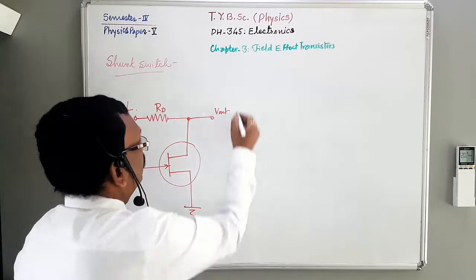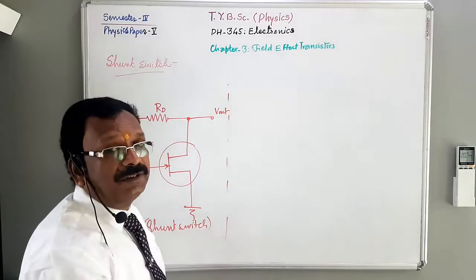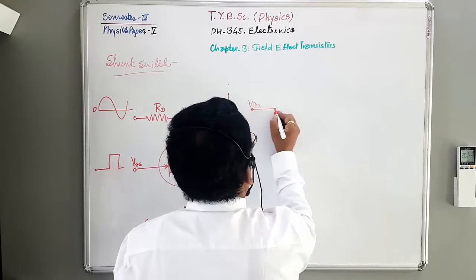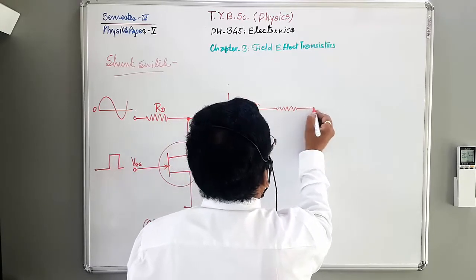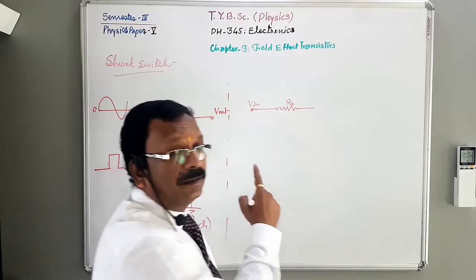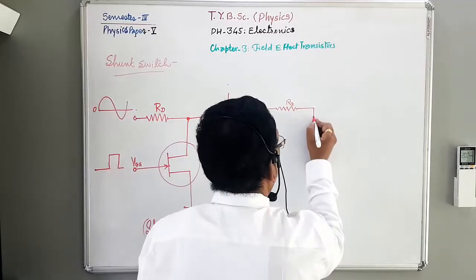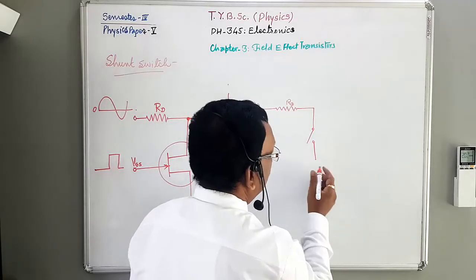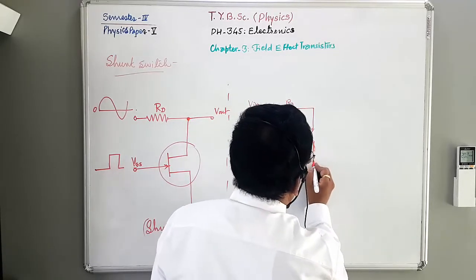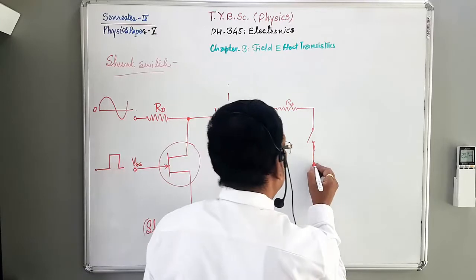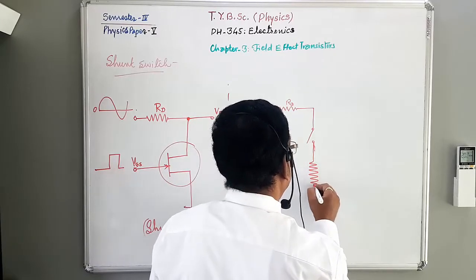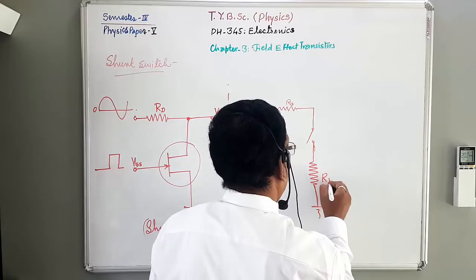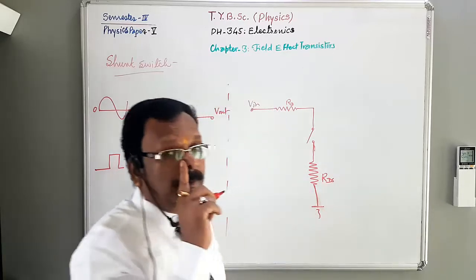The equivalent diagram for this switch is: VIN, this is RD, and this is the switch. This switch is single pole, single throw, and this is the resistance RDS.